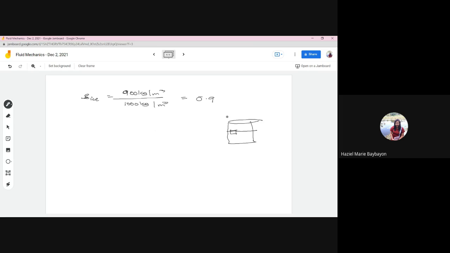Now take note, the specific gravity of ice is 0.9. Actually, the submerged part of it is 90%. So the submerged part in water is 90%, and the remaining 10% is floating. So, through the specific gravity, you can actually see if an object floats or is submerged in water.